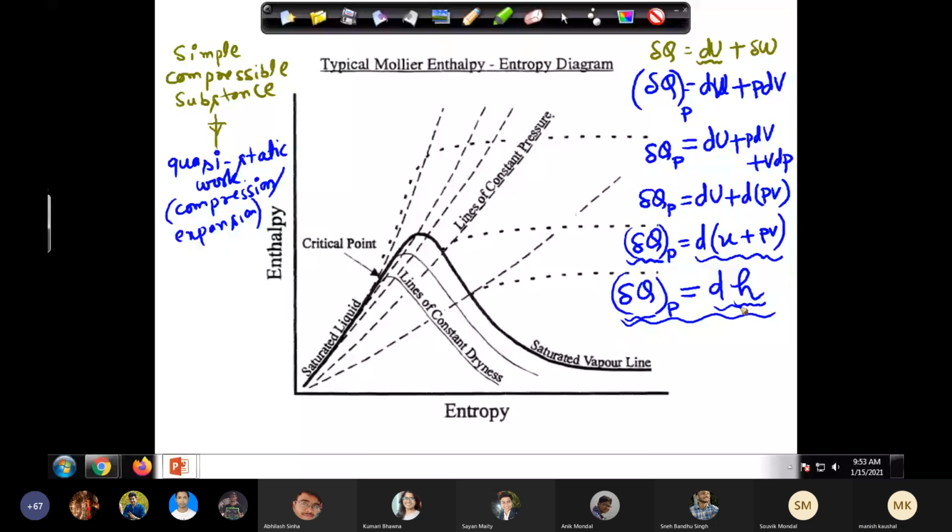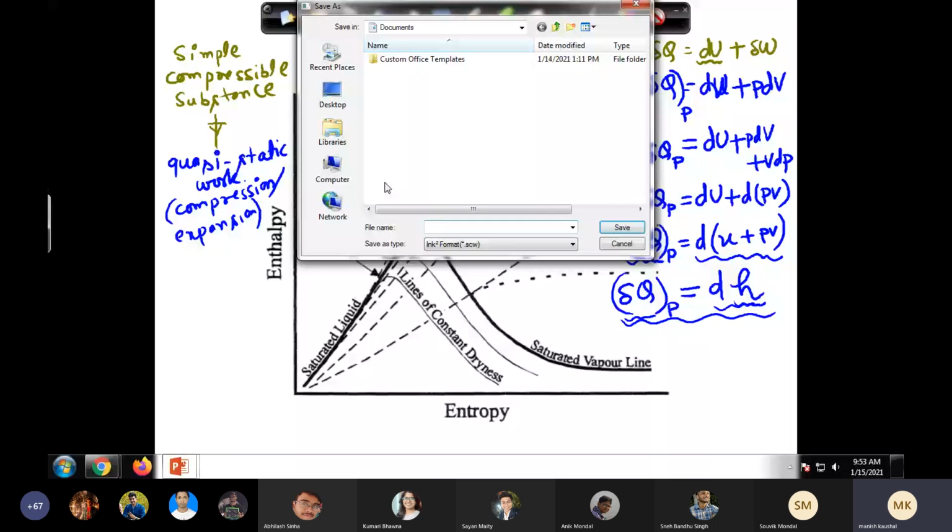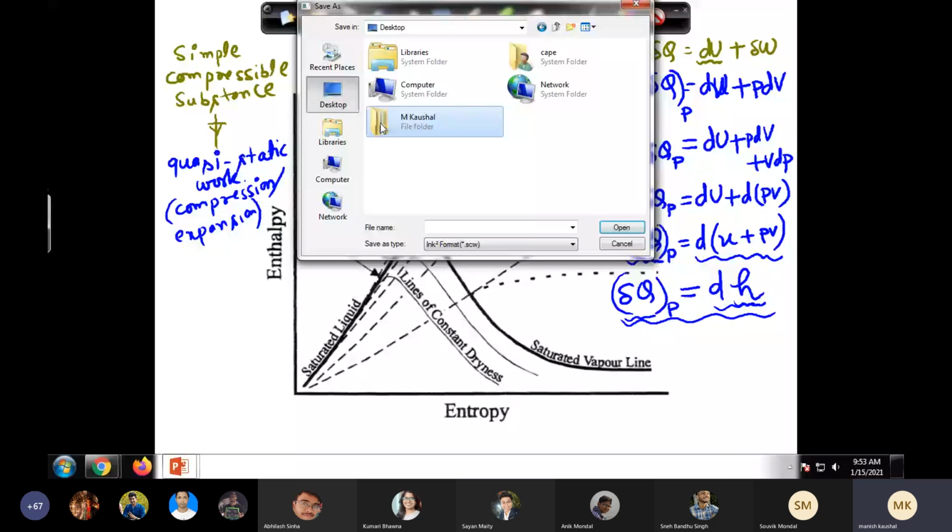I guess I can save these pages also. I don't know, I think there's an option so that later. Yes, it's here. Save. I think desktop. Okay.